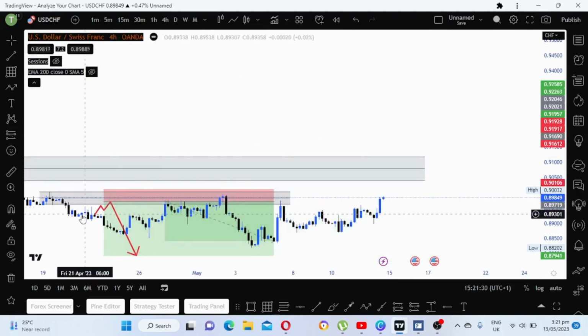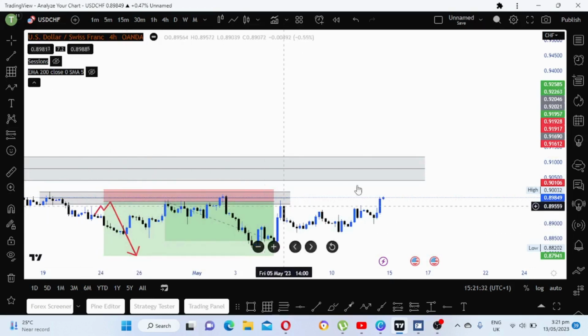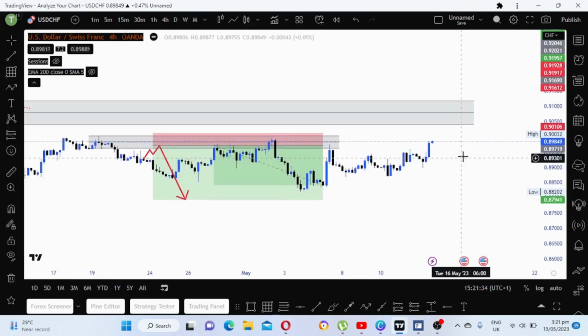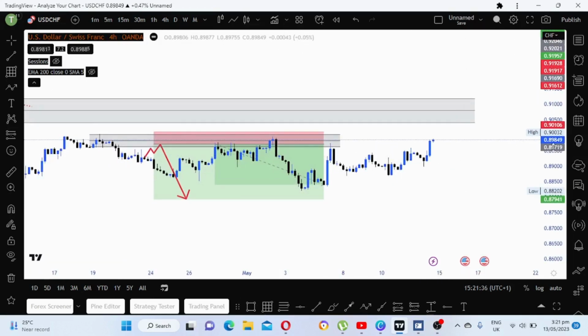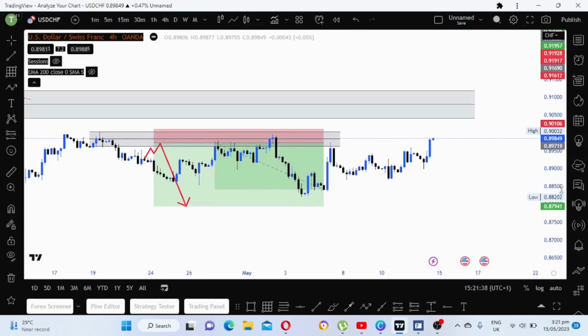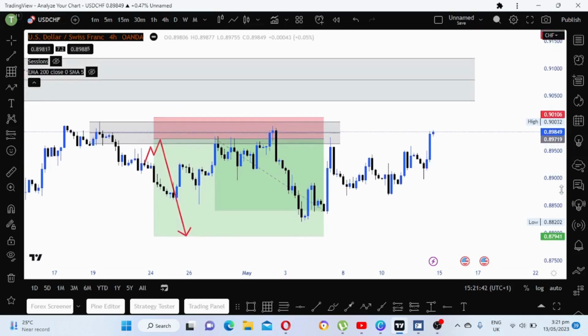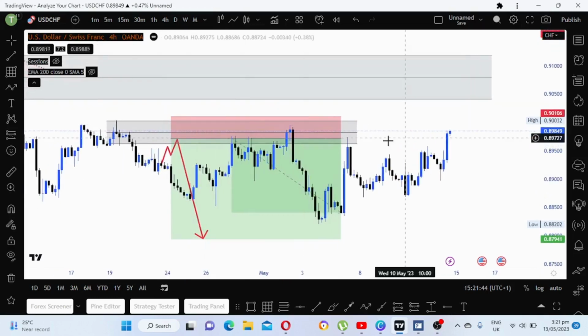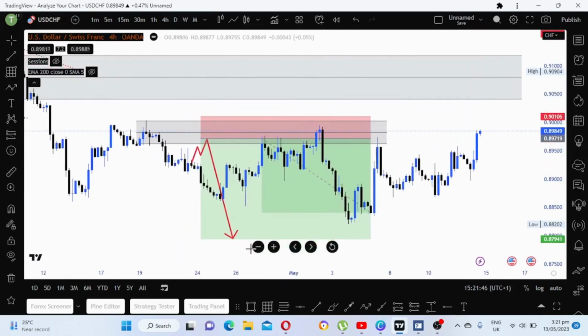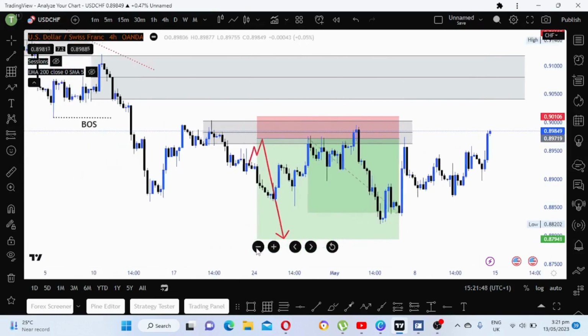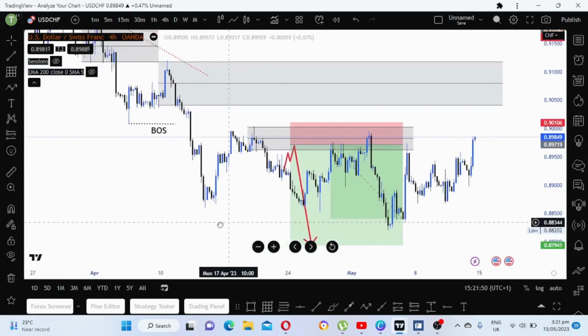So we had a sell here. That was the target that I was targeting. On H4, we are consolidating, so I'm waiting for price to break out.